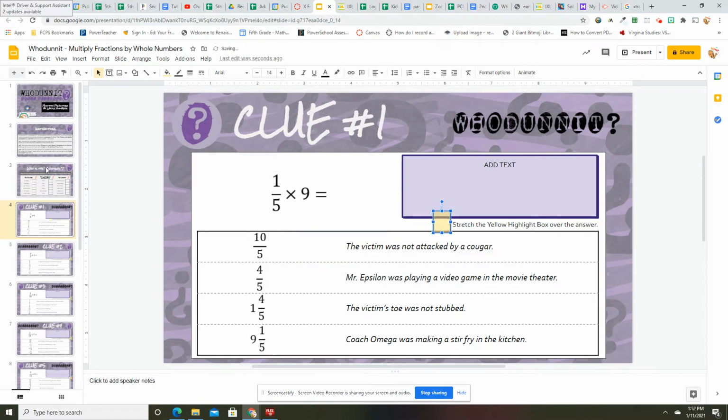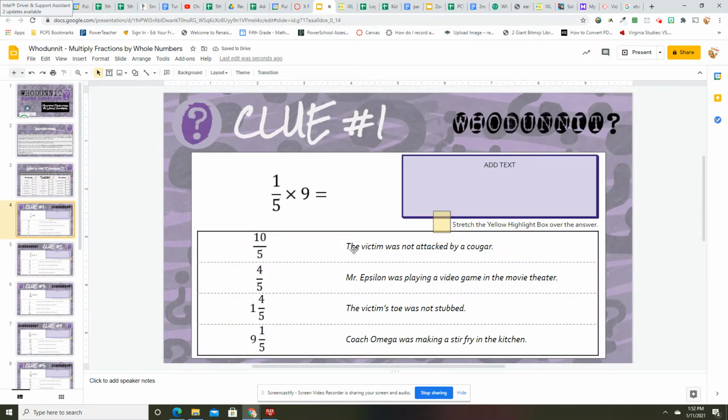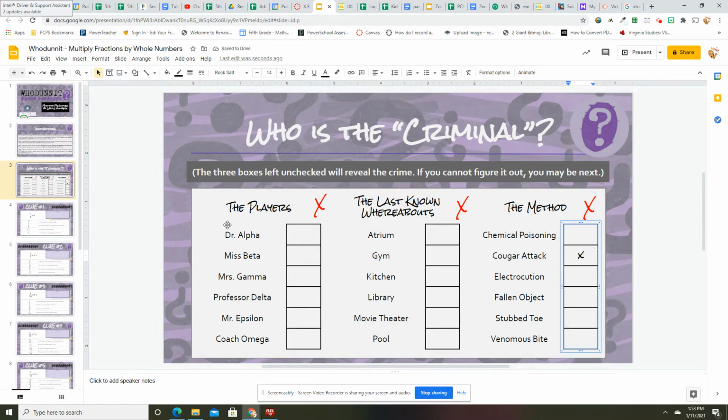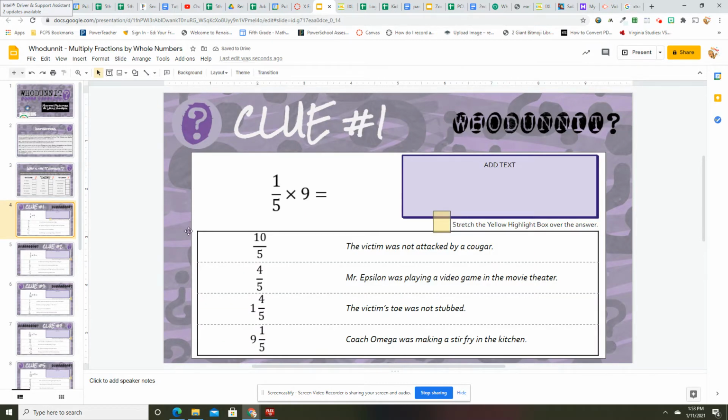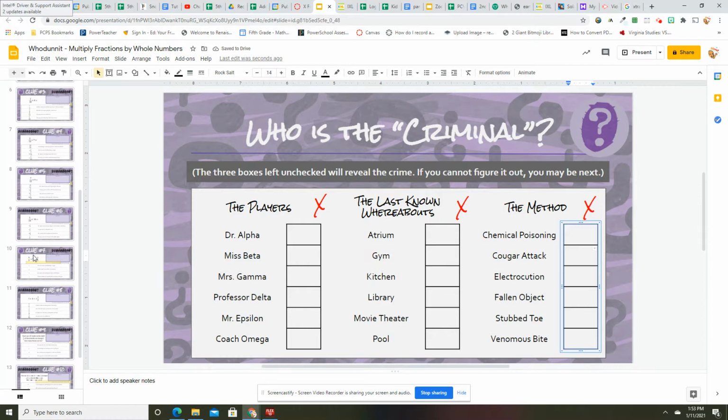Then you will click on the box that you want to take off and click an X. Every time you answer a question correctly, let's say the answer was that the victim was not attacked by a cougar, then you would click cougar attack, because the answer on there is the answer that you eliminate. So you know they didn't get hurt by a cougar attack, so you put an X.